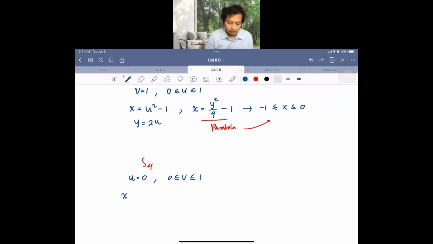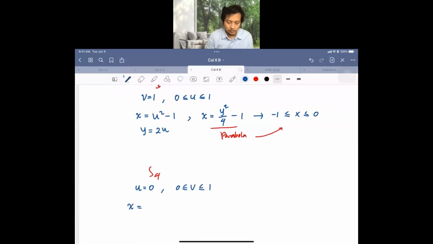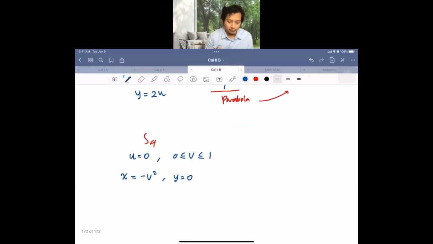So we could see from the connections, this will be minus v squared, and y is equal to 0. So we are going to have -1, x, and then 0.